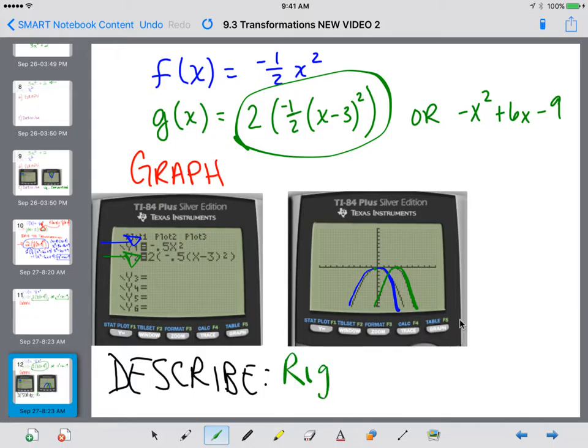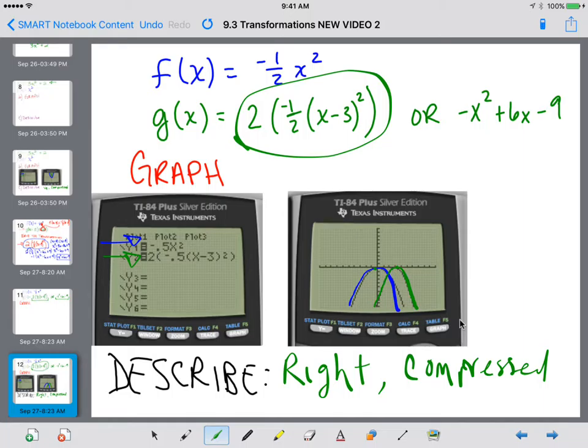So we can say it moved to the right. And also, it looks a little bit skinnier, so we could say that it compressed. So it goes to the right and it compressed. That is how we describe the transformation.